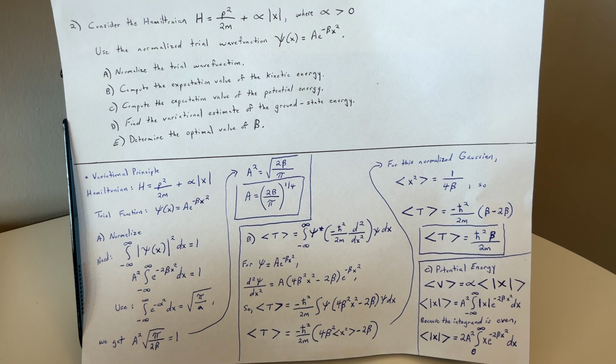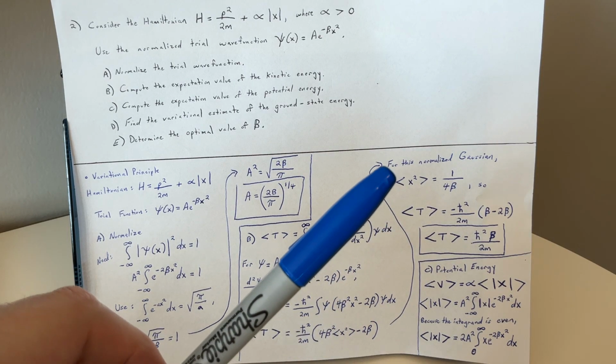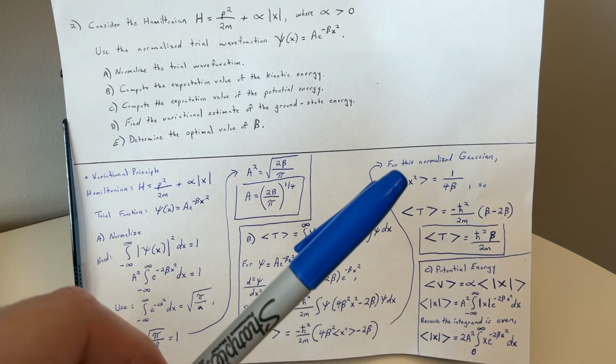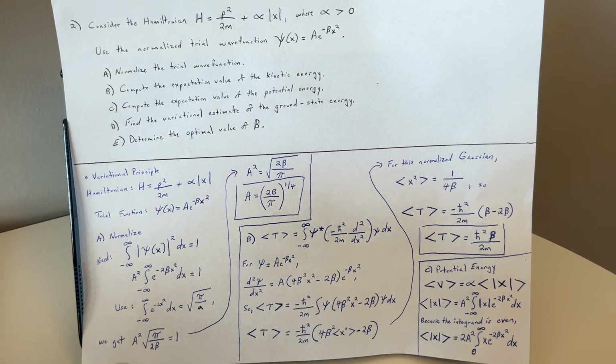So what's going to happen there is the expectation value of T equals negative h bar squared over 2m times the quantity, and then we have 4 beta squared x squared minus 2 beta, right? For this normalized Gaussian, the expectation value of x squared is going to equal 1 over 4 beta.